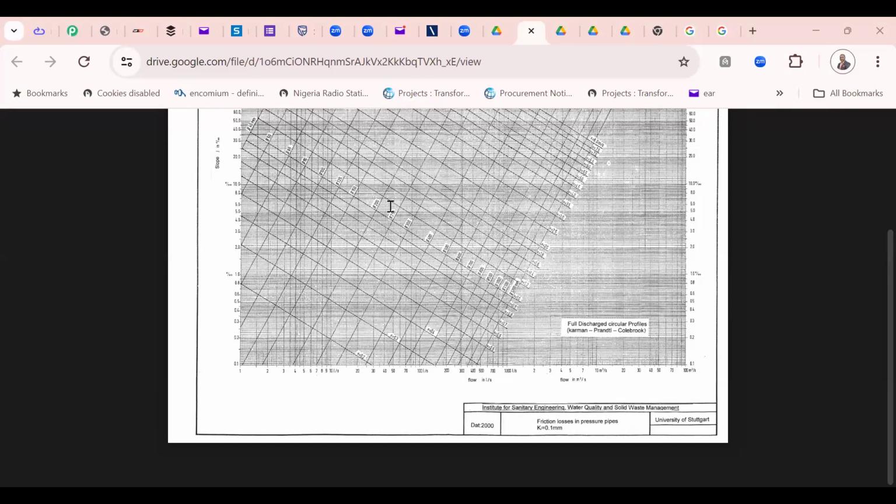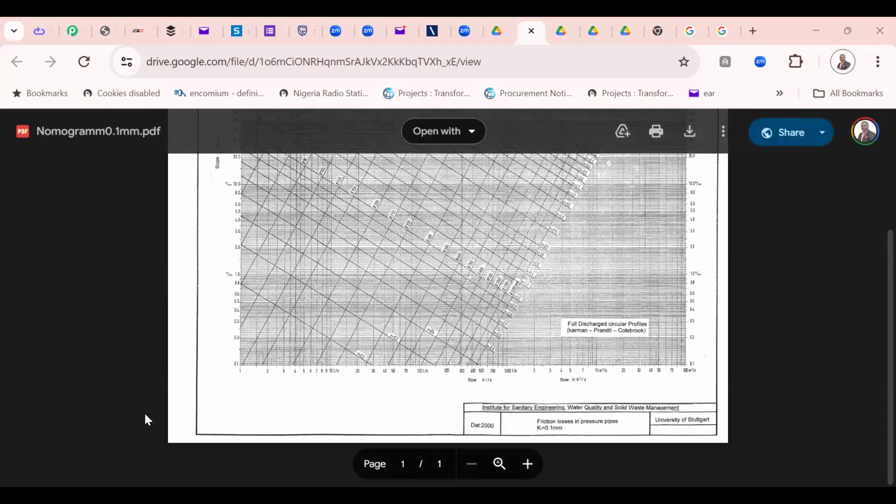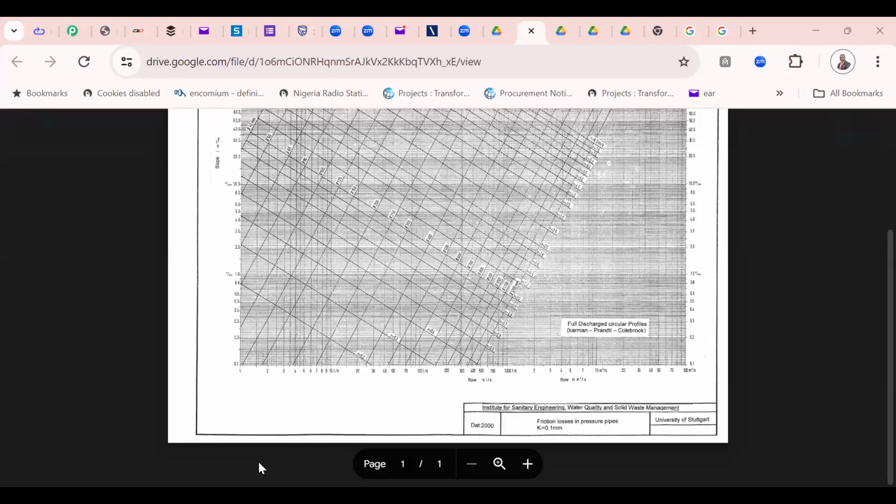The slope is a different thing, but we can digress on that next week when we start the manual design. The slope is the difference in height between the highest point and the lowest point, divided by the distance.